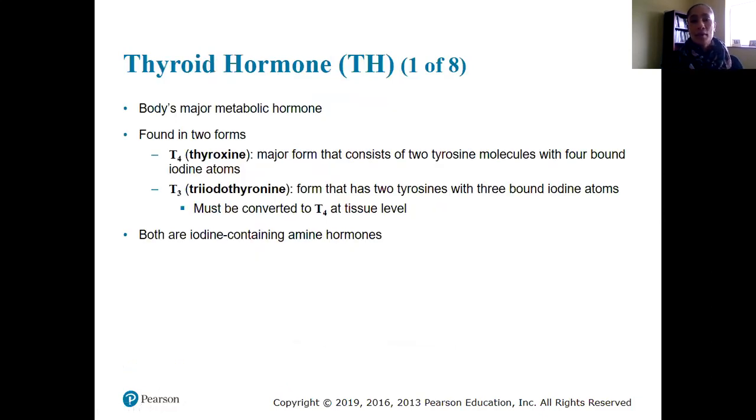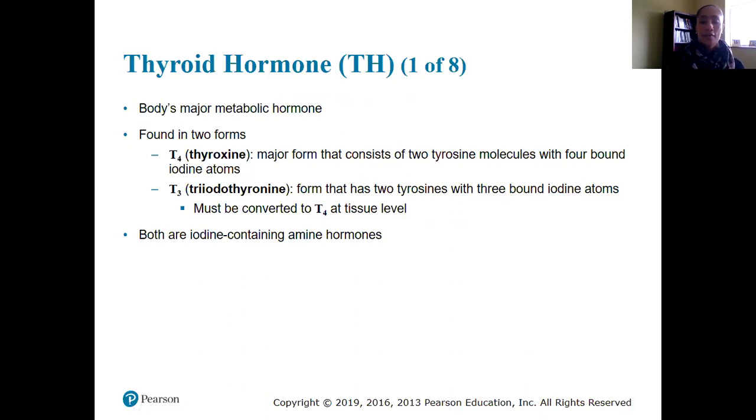The thyroid hormone that is going to be produced by the thyroid gland is the body's major metabolic hormone. So this is the second hormone that I want you to remember from the thyroid gland. It's found in 2 forms. So we have thyroxine and triiodothyronine. Thyroxine, or T4, is a major form that consists of 2 tyrosine molecules with 4 iodine bonds.